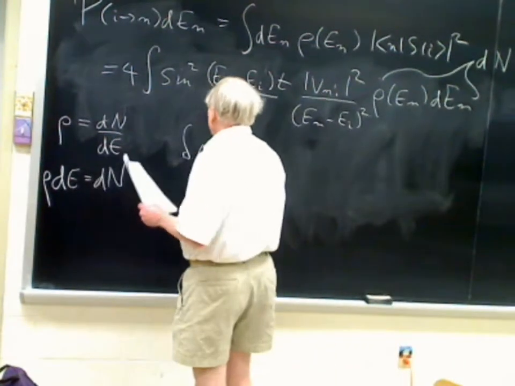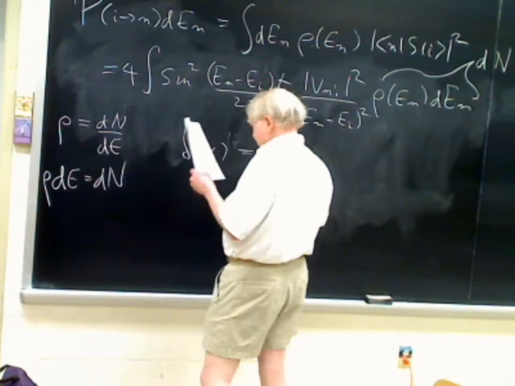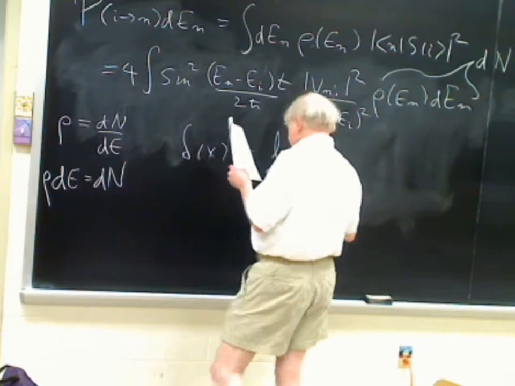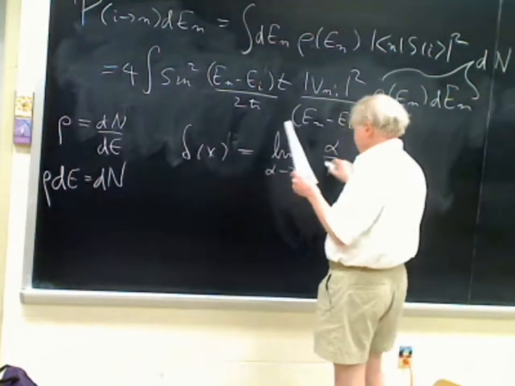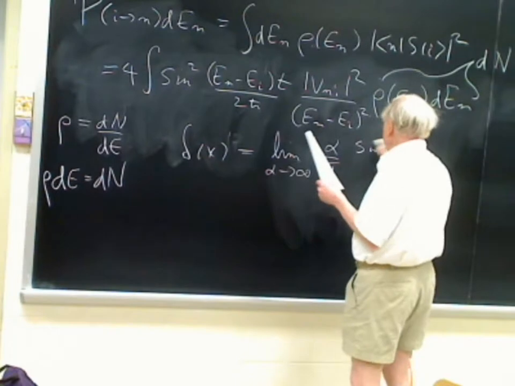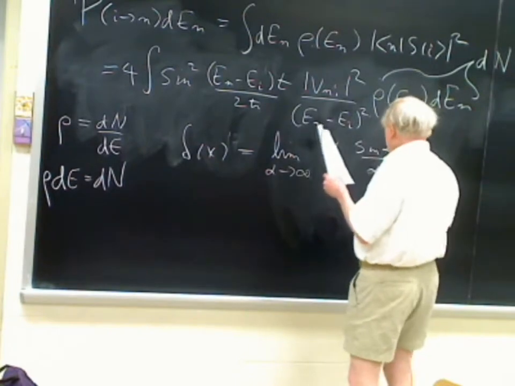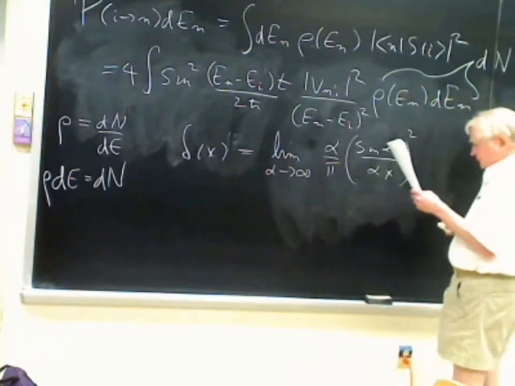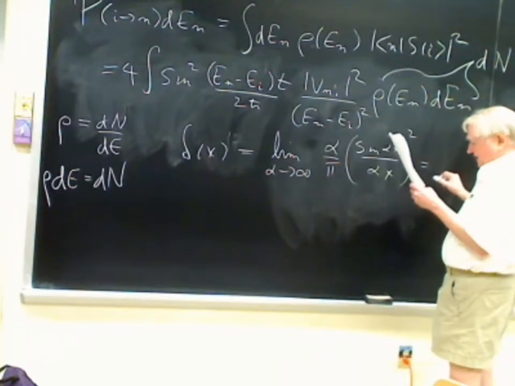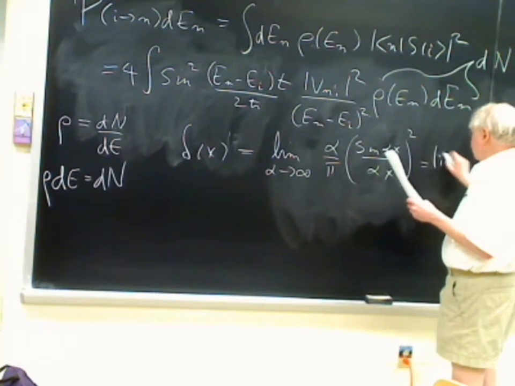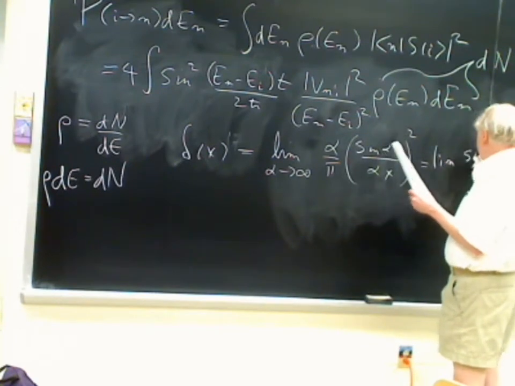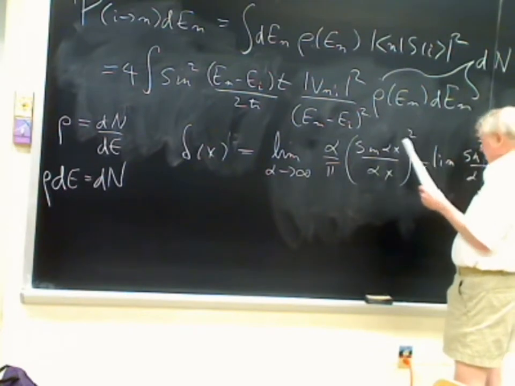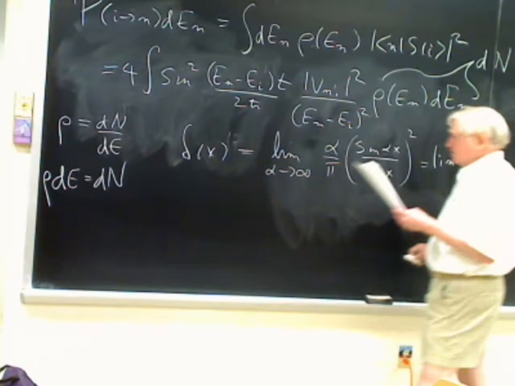Now, it turns out that a delta function can be represented as the limit as alpha goes to infinity of alpha over pi, sine alpha x over alpha x squared, which is the same thing as the limit of sine squared alpha x over alpha x squared, again with alpha going to infinity.